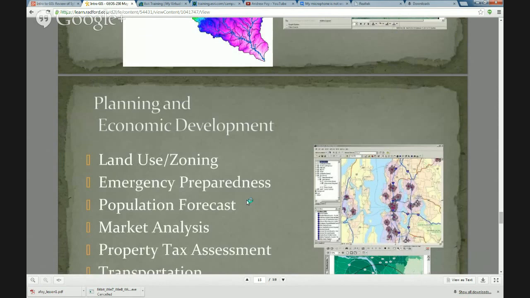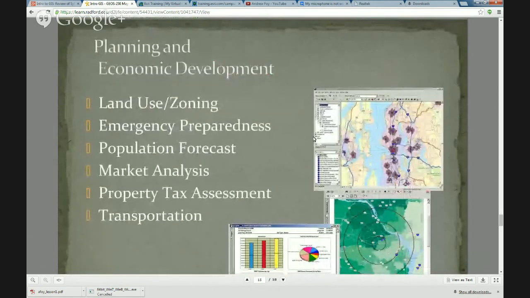Another big area where GIS is used is in local government, where planners or economic development officials generate land use or zoning maps. They do lots of emergency preparedness, where they might develop evacuation routes or predict what areas might be flooded.